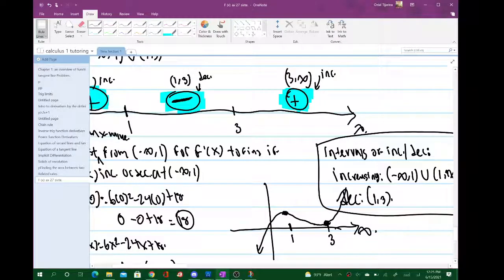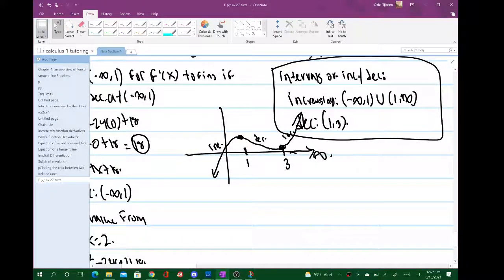So you can see here that this is increasing, this is decreasing, and this is increasing. So right here, because it's in between increasing and decreasing, there is a maximum. And then right here, because it is between decreasing and increasing, there is a minimum.